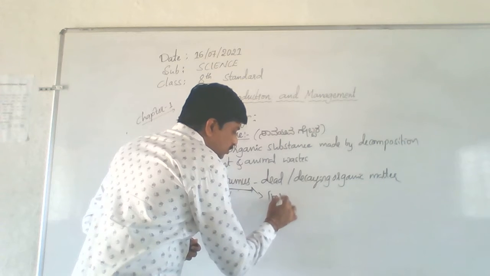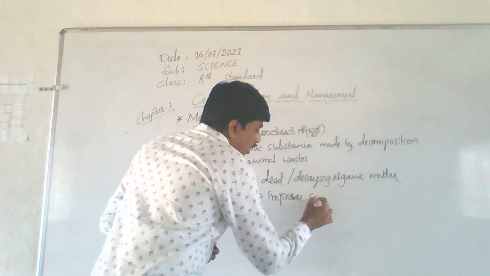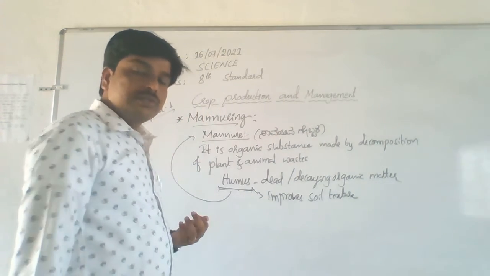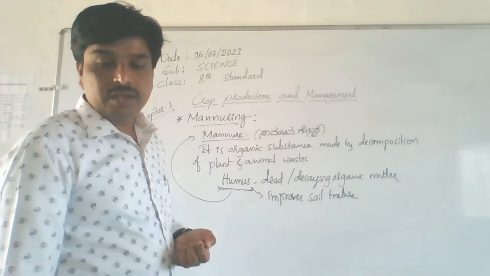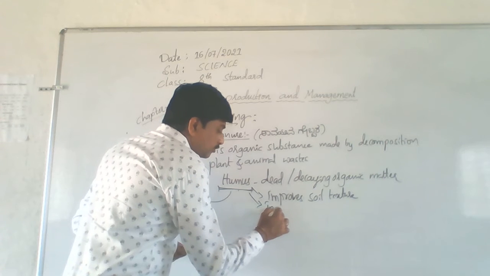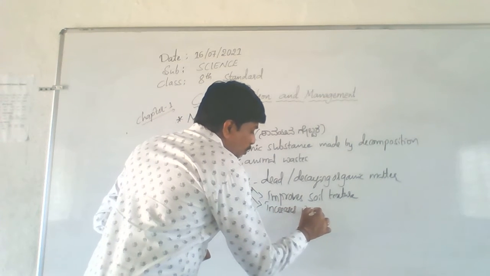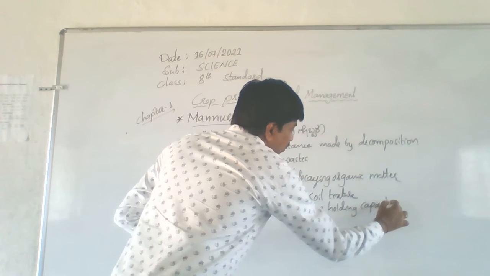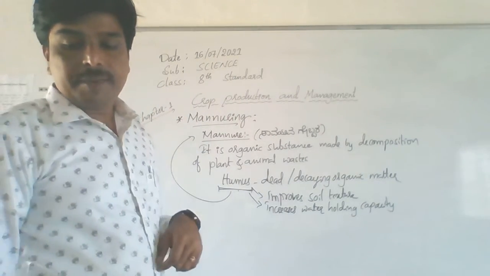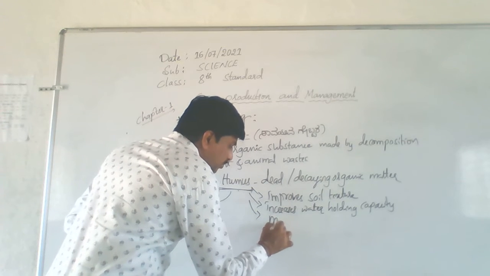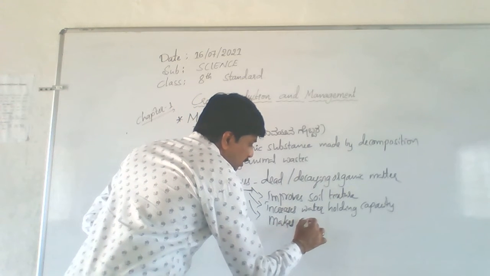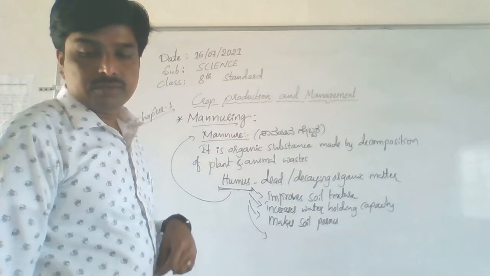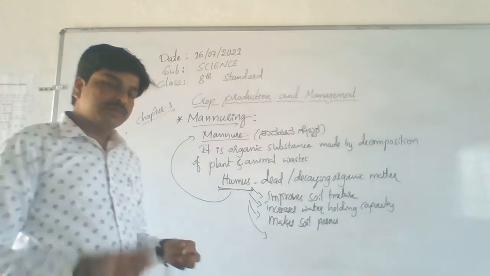Humus improves soil texture, that is, it improves the structure of the soil. Then it increases water holding capacity, and makes soil porous. Understand? So these are the main advantages of humus.